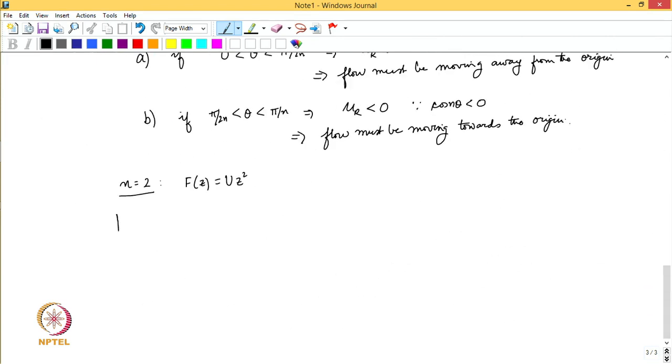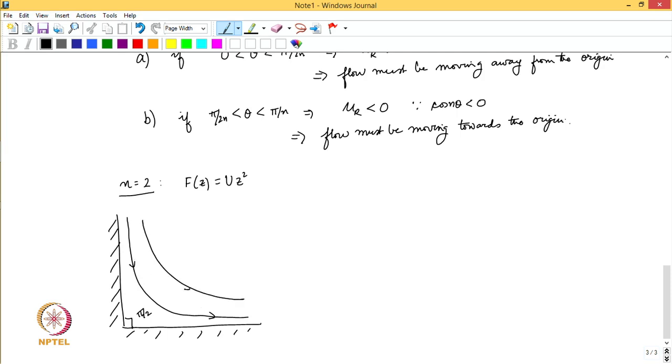So, this would be a flow which should be confined within two walls which are at 90 degrees to each other, right, and then the flow comes towards one wall and then it turns around near the corner. So, that would be the nature of the flow. So, this is flow near a corner, determined just from complex analysis.